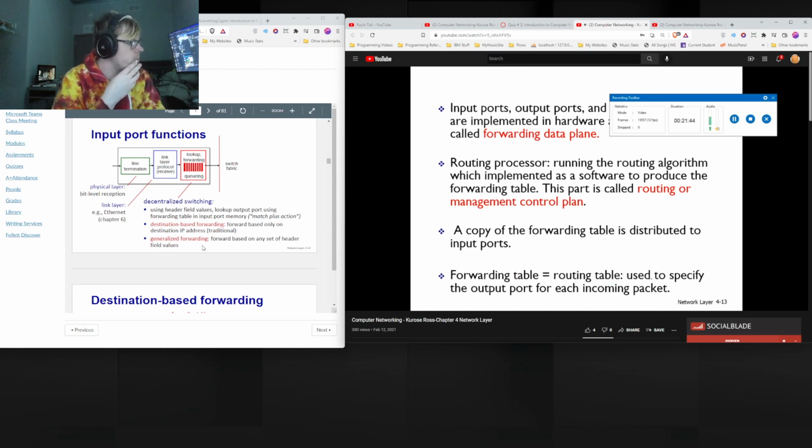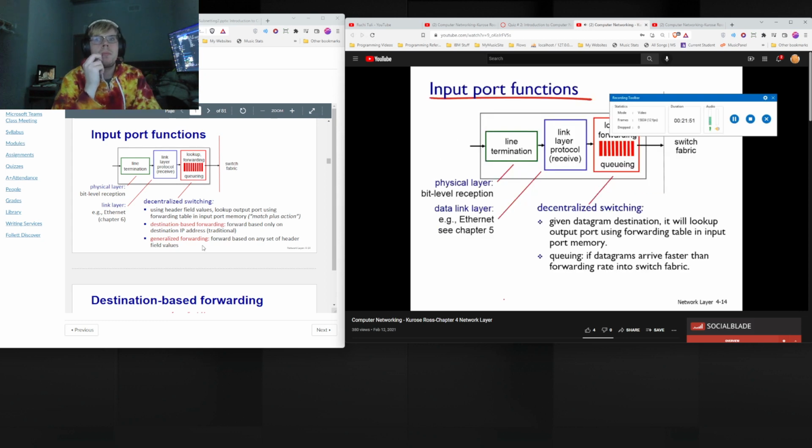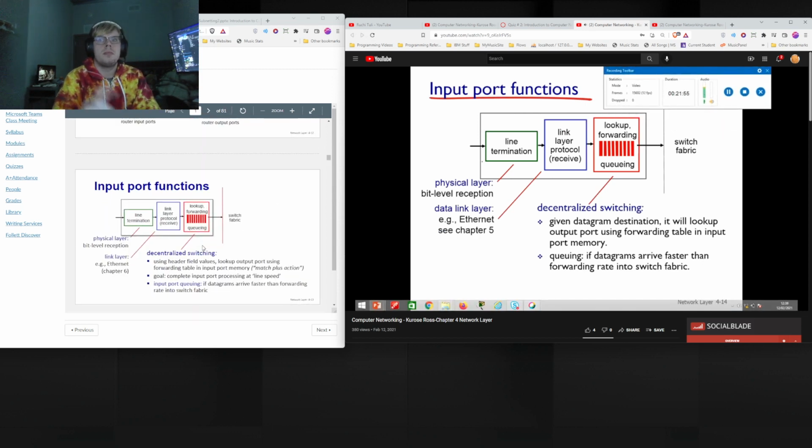It is used to specify the path or the output port for each incoming packet based on the header of the packet. Input port function. So this is what I told you. It performs the physical layer function, which is equal to the bit level reception. The middle layer performs the data link layer function, for example Ethernet, receiving the protocol, and the last performs the lookup, forwarding, and the queuing function.